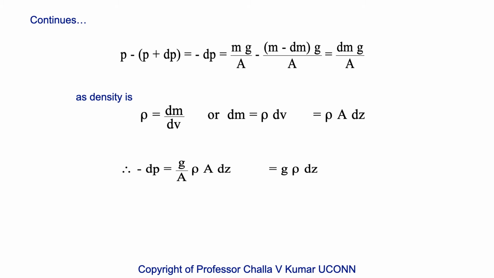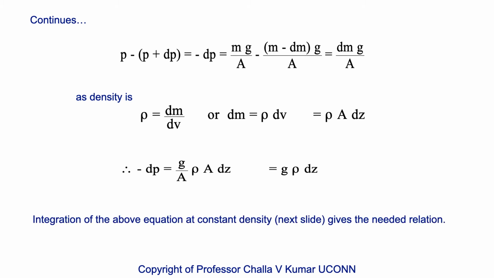Well, a moment of thought realizes that rho, the density of the gas, may not be the same throughout the column from the bottom to the top. So integration of the equation requires that density be constant. If the density is not constant, then we need to express the density also as a function of height.